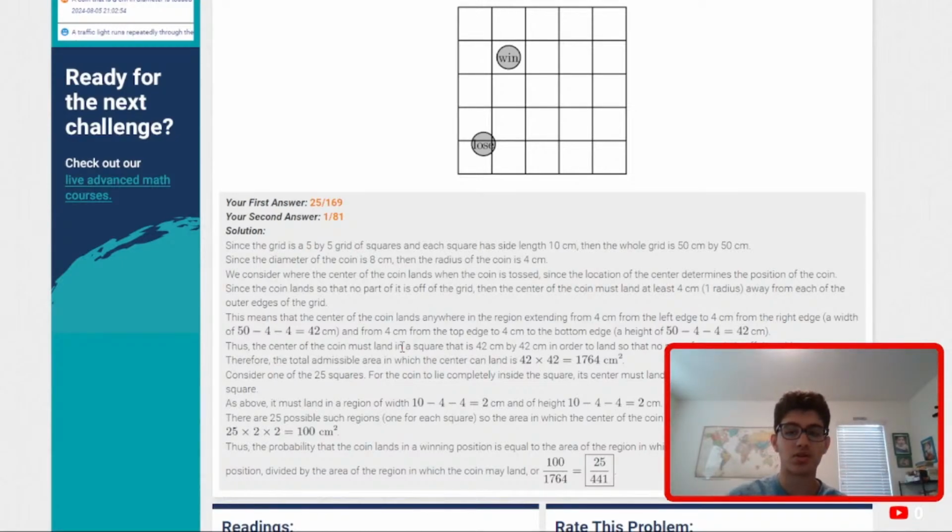Okay, no, so it's not out of 2500. It'll be out of 1764 because they said it's not off the grid. So it has to be somewhere in there anyway. Consider one of the 25 squares.